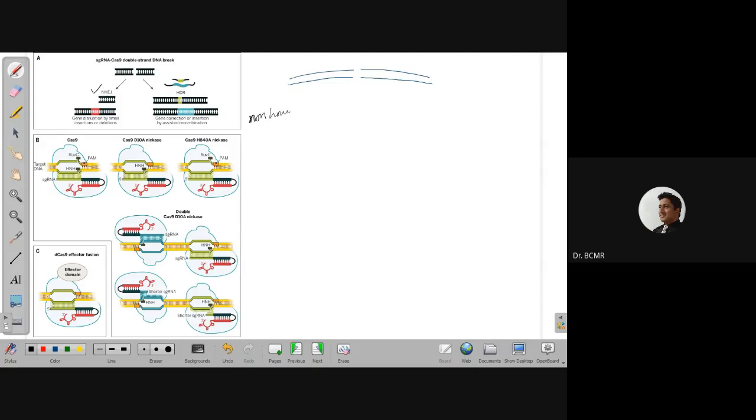Non-homologous end joining. If you read about the repair mechanism, you will also find that. The second one is homology-driven recombination. Homologous recombination, you can put it as.